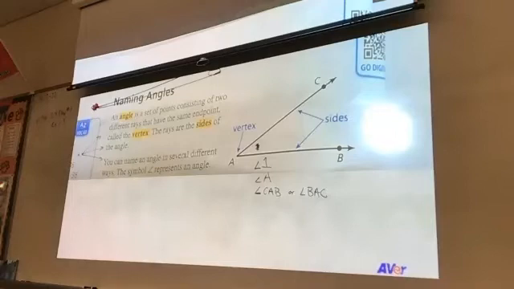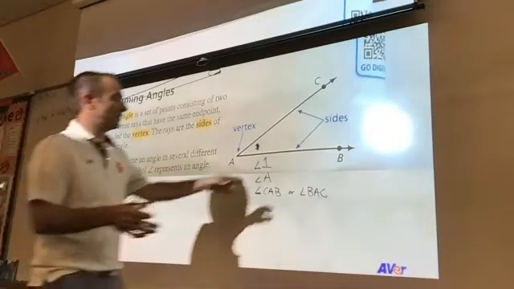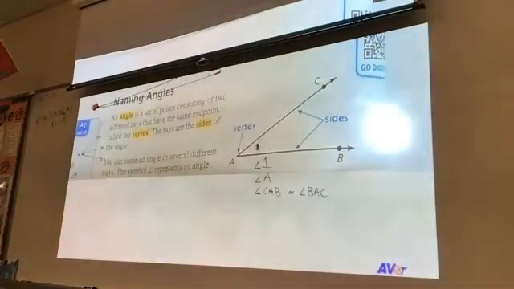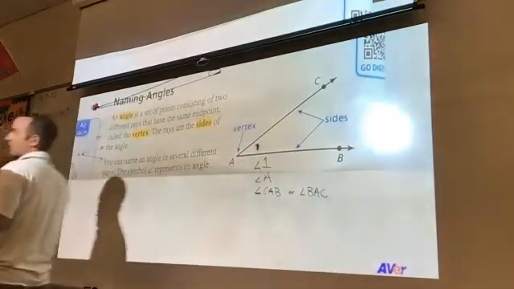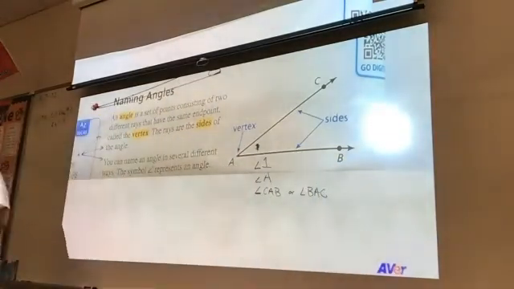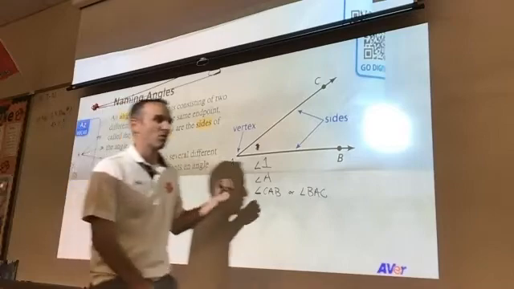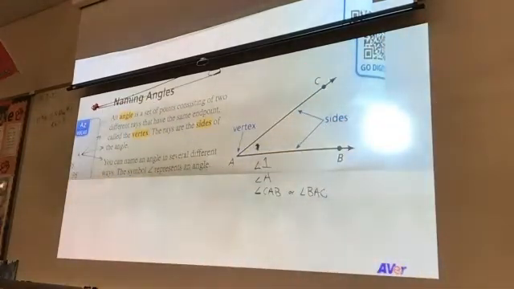Notice both of those have the vertex in the middle and then a point from either side on the outside. All right, so that's how we are going to name those angles, right? And we only need to use those three if there's more than one angle at the vertex.